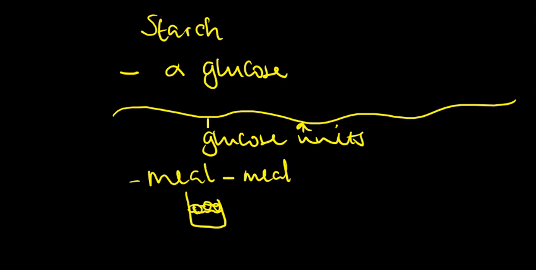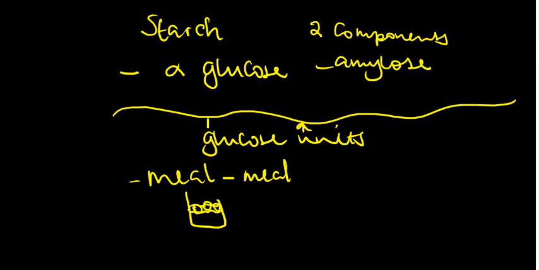Now, this starch has two components. One is amylose, another one is amylopectin. Amylose has a 1,4 glycosidic bond.